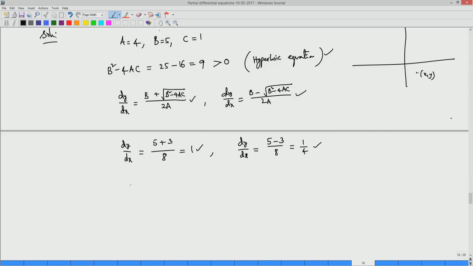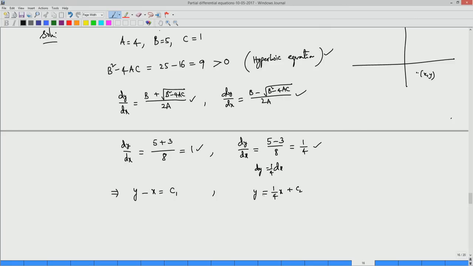Dy by dx equal to 1 will give you y minus x equal to constant C1. And what happens here? 4 dy minus dx equal to 0. So, this you can directly integrate, or simply dy equal to 1 by 4 dx. Integrating both sides, you get y equal to 1 by 4 x plus C2.